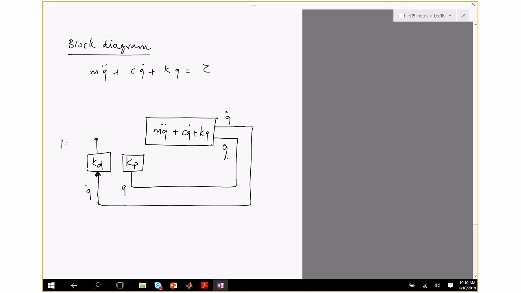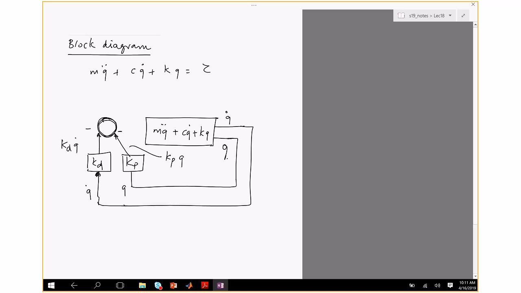So what this block does is it takes Q dot and Q, and the output is KD times Q dot. The output is KP times Q. Since we're going to sum this up, it goes to this block, which is used to sum.